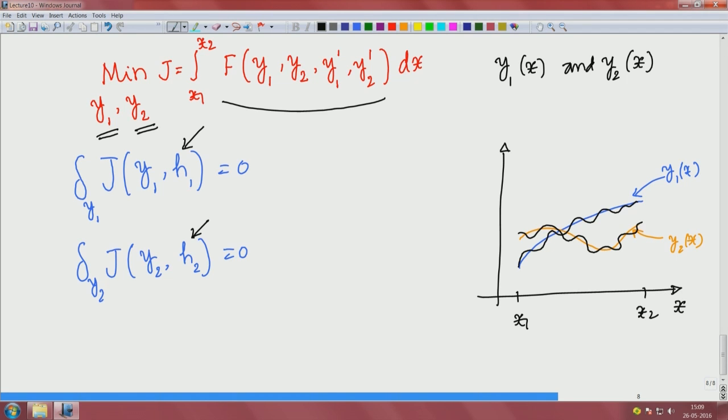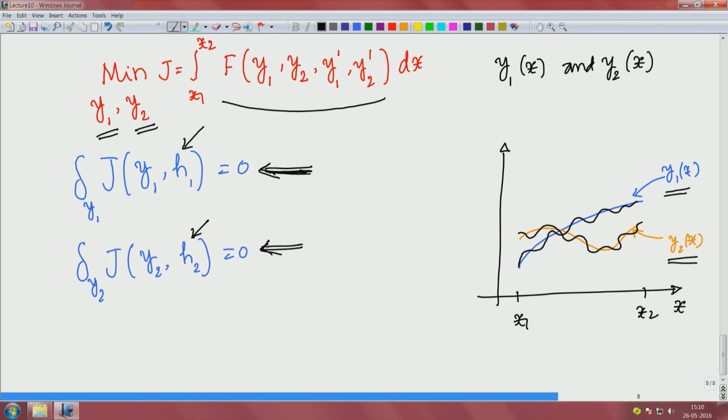So, we take one function, keep the other one constant and take the variation, that is you take perturbation only in y1 first, then you arrive at this differential equation, then you perturb with respect to y2, then you get this differential equation. Both of these differential equations we have to solve simultaneously, because just because variation is taken with respect to y1 does not mean that this equation will have only y1, it will have y2 also.